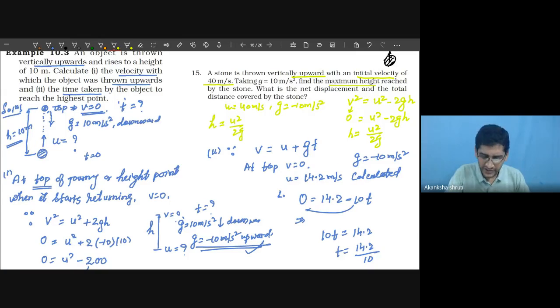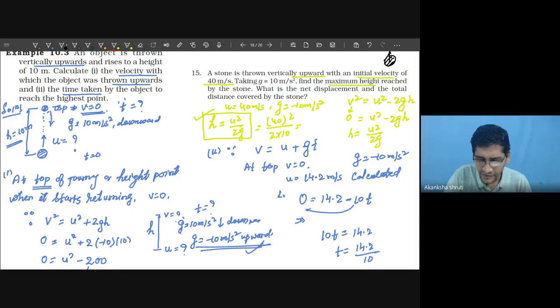This is also asked in MCQs. Say a body is thrown upward with speed u, then what is the maximum height reached? The maximum height reached is given by u square by 2g. So this is sometimes also used as a formula. Substituting here, u is given, it is 40 square by 2 into 10.